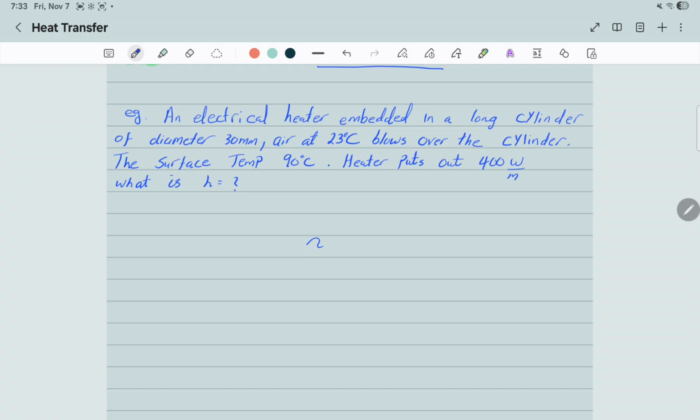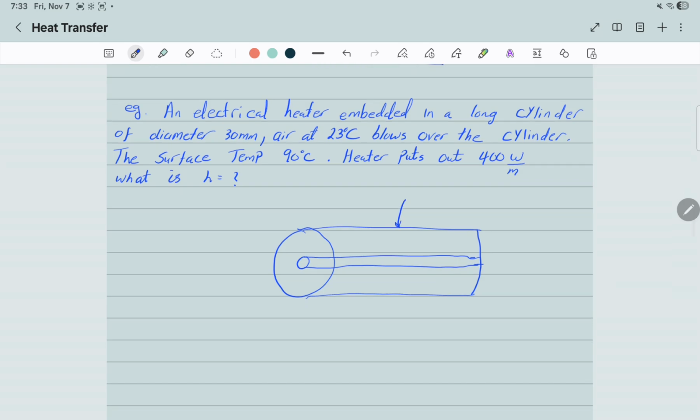So we have a cylinder. Inside the cylinder, there's an electrical heater that's embedded inside the cylinder. The surface temperature is 90 Celsius.